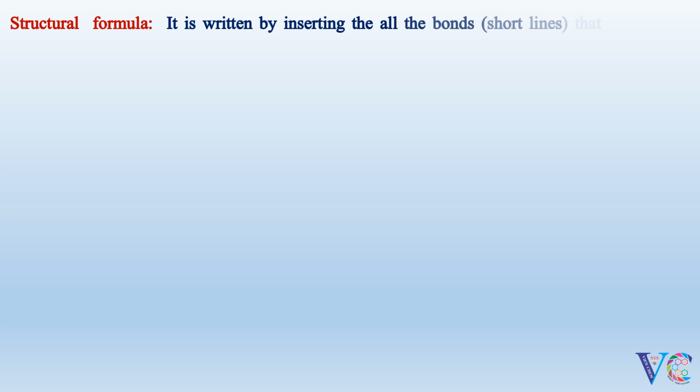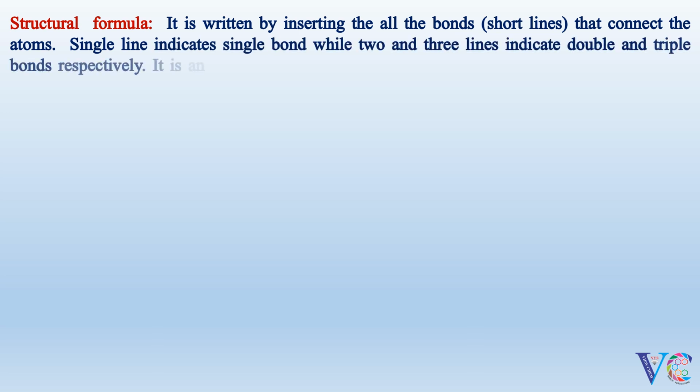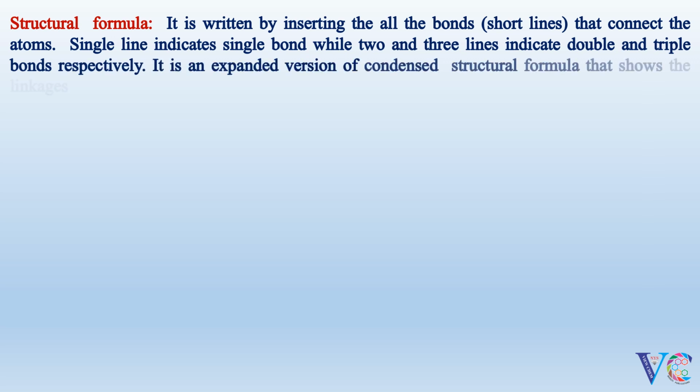Structural formula: it is written by inserting all the bonds, that is, short lines, that connect the atoms. Single line indicates single bond, while 2 and 3 lines indicate double and triple bonds respectively. It is an expanded version of condensed structural formula that shows the linkages between the atoms.